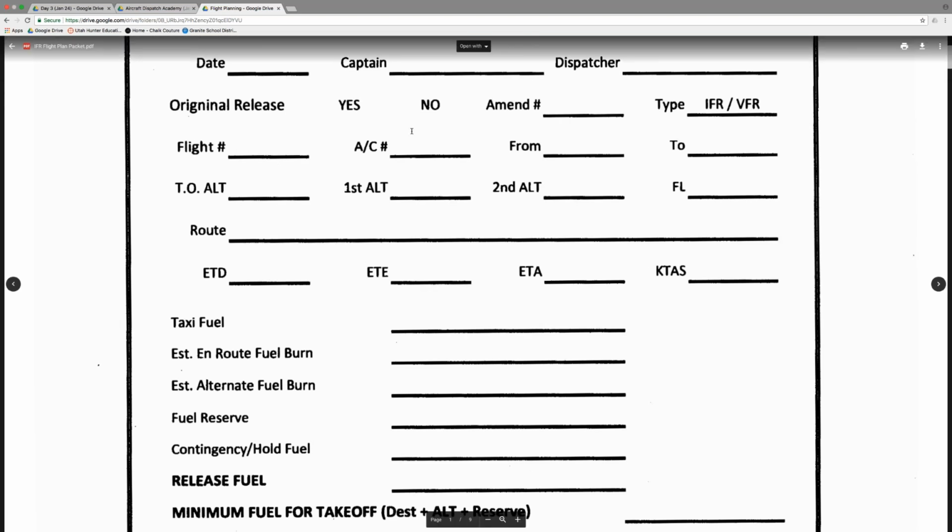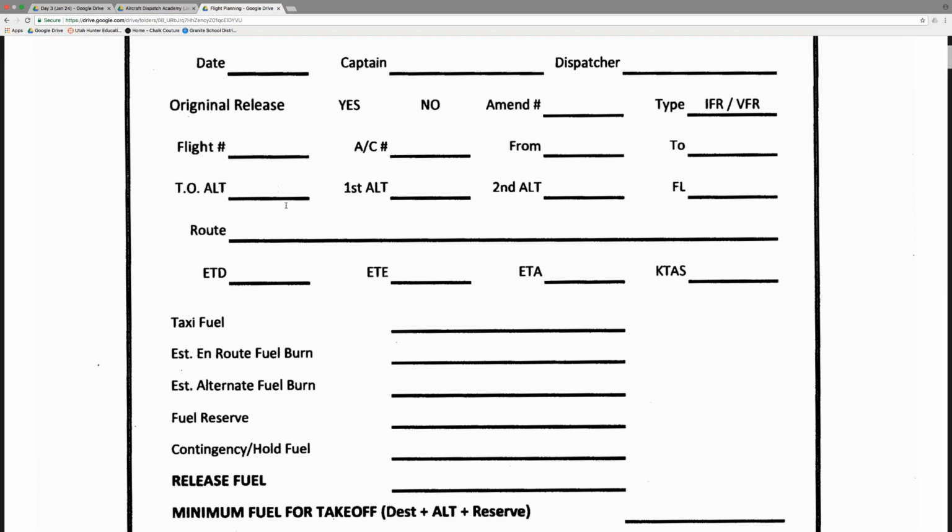So it also has our flight number, aircraft number, our departure city to our destination city. If we were to require a takeoff alternate, we're going to place that there. If we have an alternate, we would put it there. If it requires 2 alternates, we would add our second alternate there.